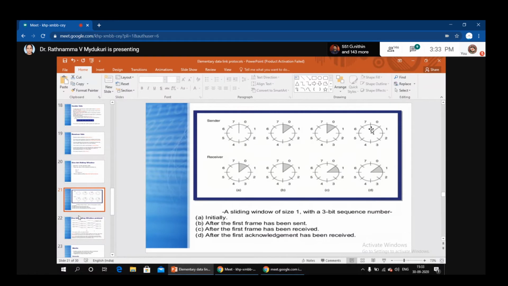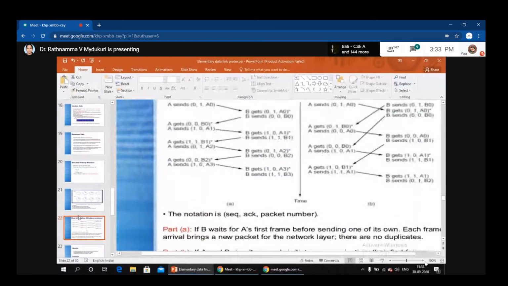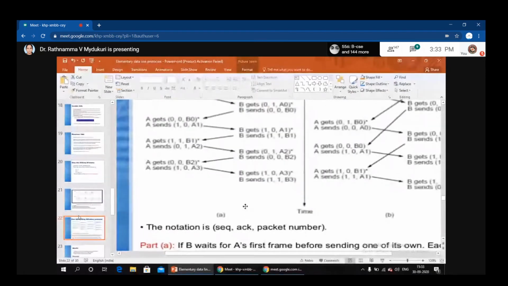Now see this one-bit sliding window protocol. Is it visible to all? Because you must know this. Just observe carefully.